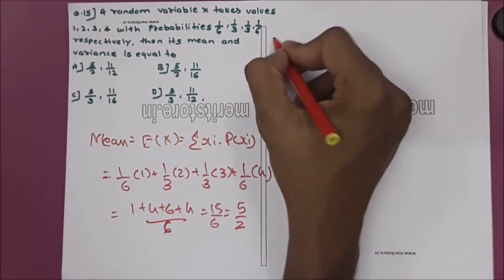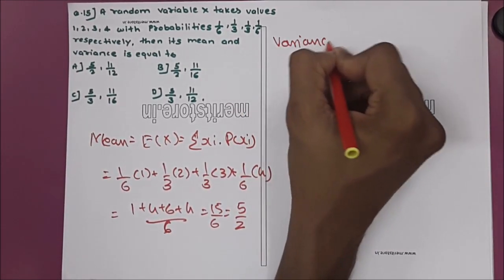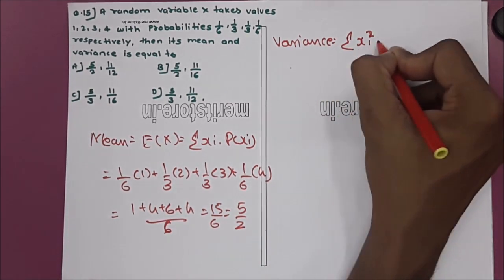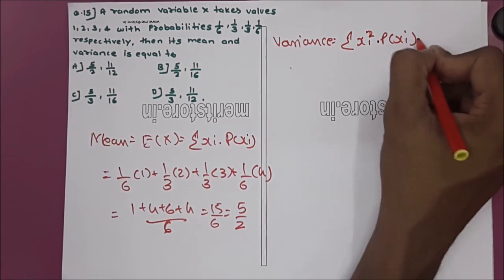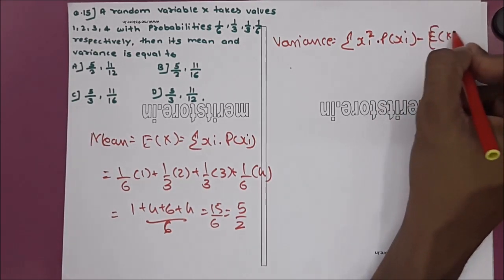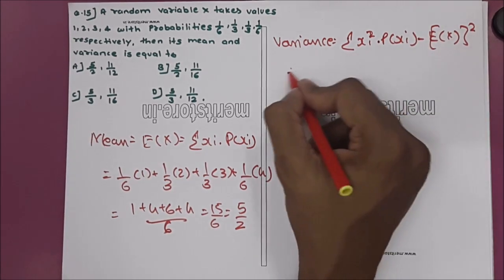For the variance, it is the summation of xi the whole square p of xi minus E of x the whole square. We substitute the values.